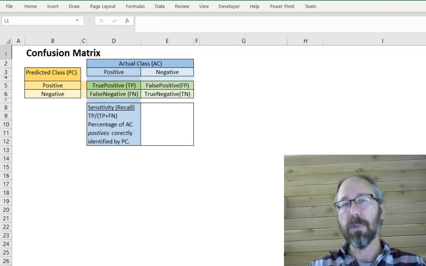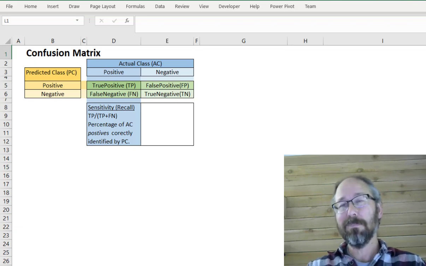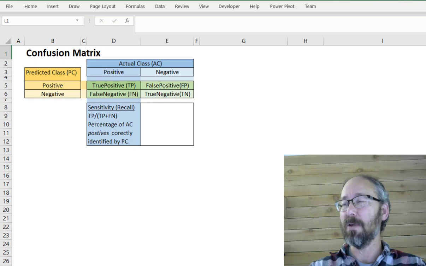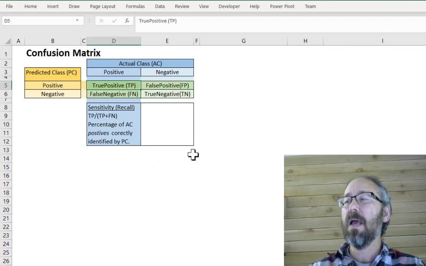The first calculation we're going to look at is called sensitivity. Sometimes it's called recall. Sorry, it's so confusing that we would use two different names for this, but you'll see this labeled either way, sensitivity or recall. And sensitivity is the true positives. Okay, so that would be this category right here, the TP, divided by the sum of the TP plus the false negatives.